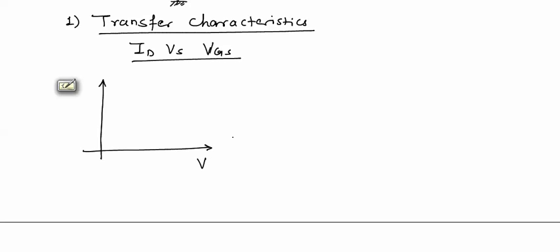Negative gate to source voltage is applied and we will see the current ID in JFET.